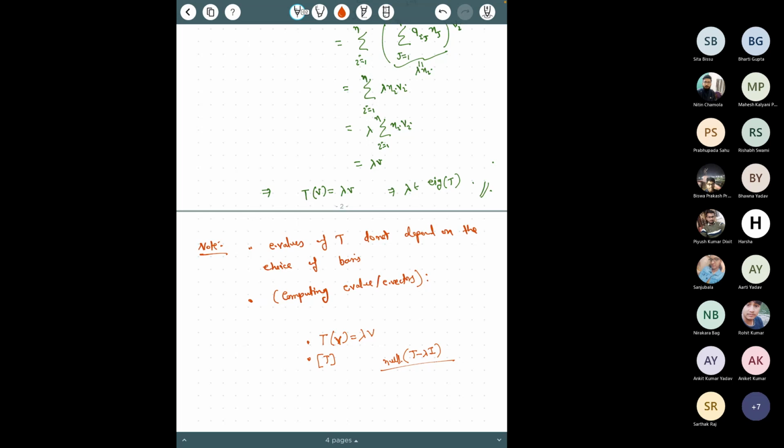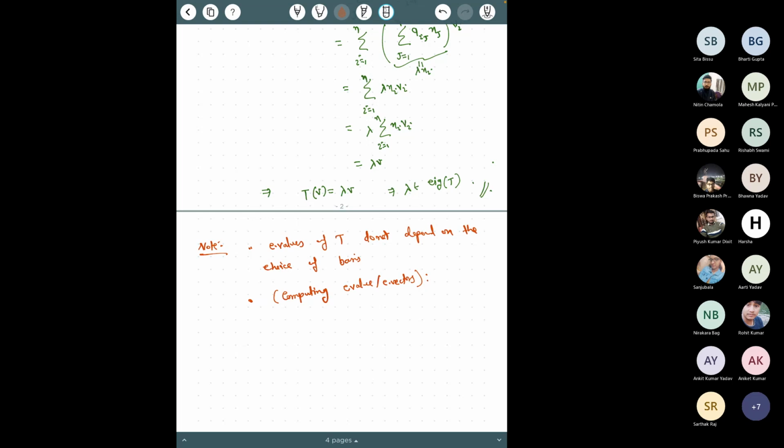In fact, you can also talk about the characteristic polynomial of an operator. That means you can define the determinant of an operator using the determinant of its matrix. So that's what I'm writing here, so that you know whenever we say determinant of an operator, what we mean by that. The determinant of an operator means the determinant of its matrix representation with respect to any basis.